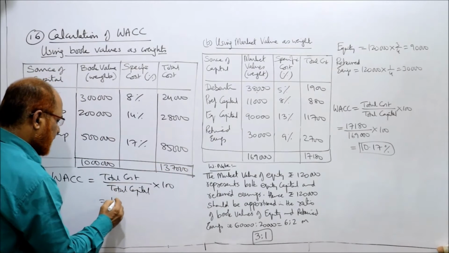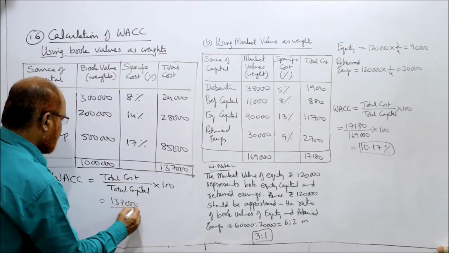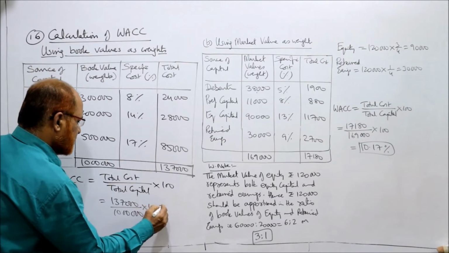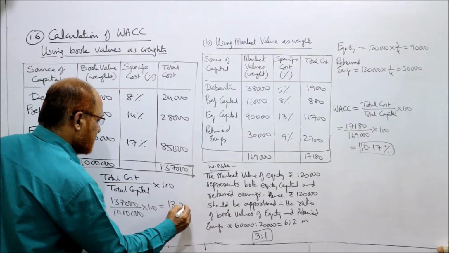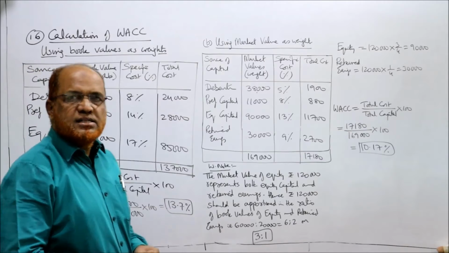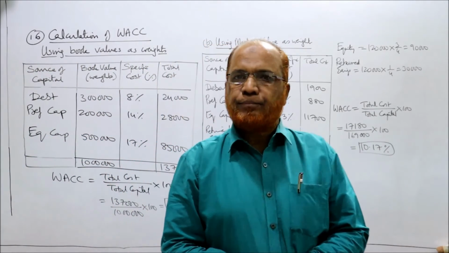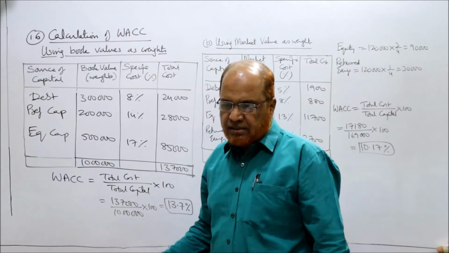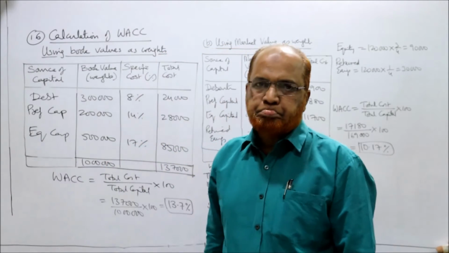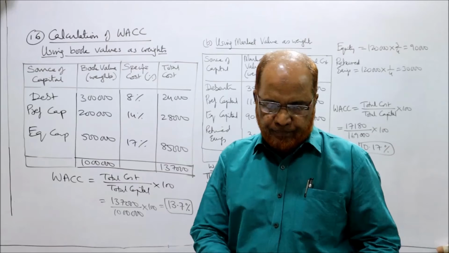So 1,37,000 divided by 10 lakhs into 100 is equal to 13.7%. We got 13.7%. This is the WACC. 16th one over.